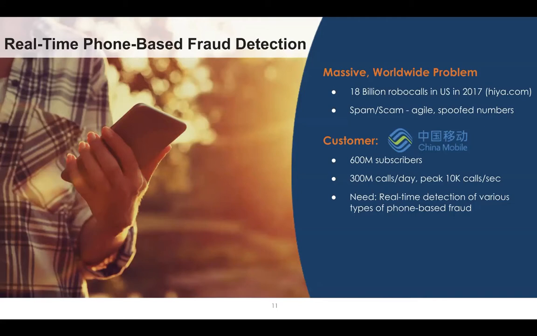And to complicate the sheer massive number, the new spam and fraud schemes are very agile, and the way that people approach phone fraud changes frequently. So a solution which reacts to new situations in real time is very crucial.